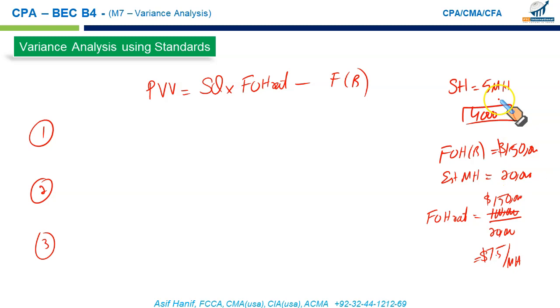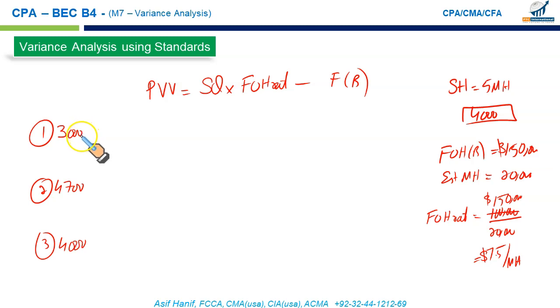So based upon the 20,000 machine hours and the 5 hours allowed, we are expecting 4,000 units of production. It is possible we might produce 3,000 in actual. It is possible that we might end up producing 4,700, and it is possible that we produce exactly as per the plan. Now let us calculate the volume variance in each case and then interpret the results.